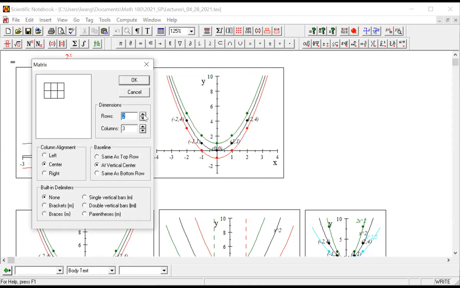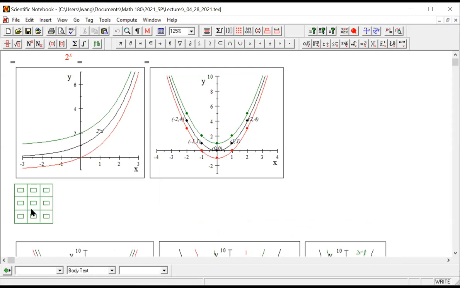You need 3 rows: for 2 to the power x, 2 to the power x plus 1, and 2 to the power x minus 1.